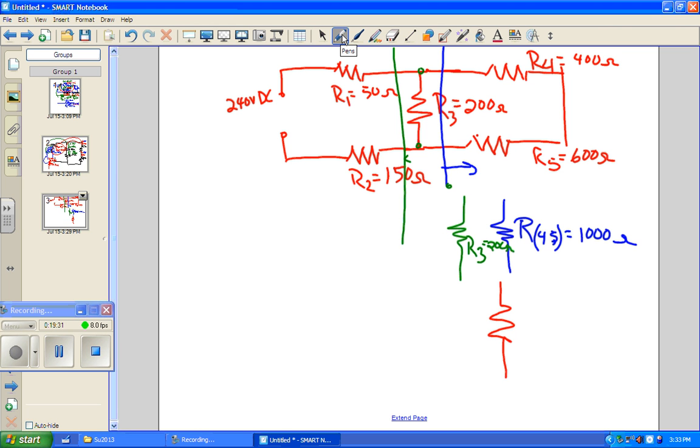So we're going to put in our calculator, and we're going to hit clear a couple times. We're going to put in 200 x minus 1 plus 1000 x minus 1 is equal to, x minus 1 is equal to, and we get R3 through 5, sorry.